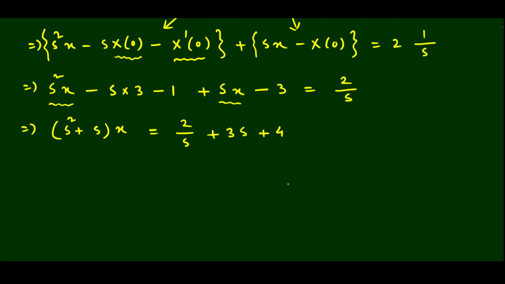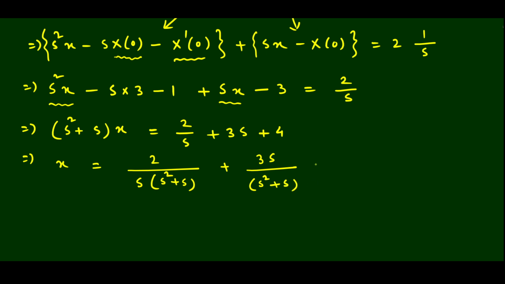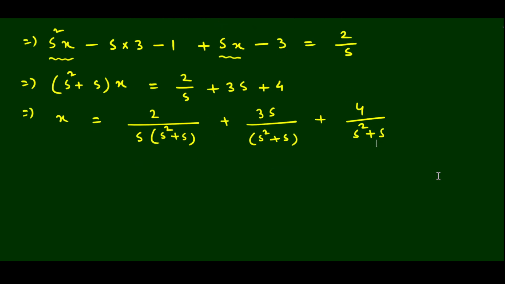Then what to do? Since we have to find the value of X, and with X we have one term which is s square plus s, with this term we have to divide. So X equals 2 divided by s into s square plus s, plus 3s divided by s square plus s, plus 4 divided by s square plus s. So from s square plus s, we can take one s common.